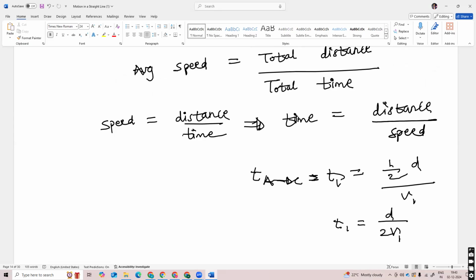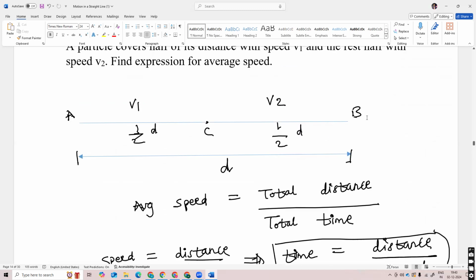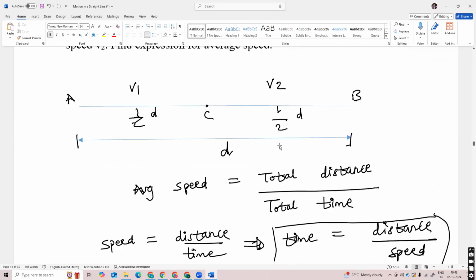Similarly, we can use the same formula, time is equal to distance upon speed, to find the time taken by this particle to travel from point C to point B. From C to B, the speed was v2 and the distance is again 1 upon 2d.